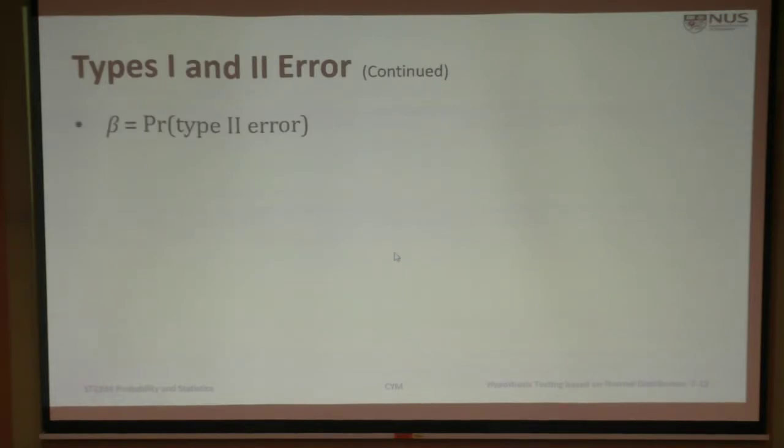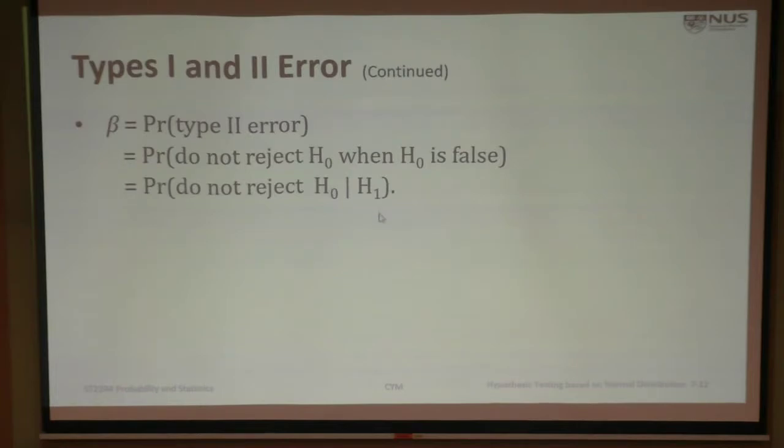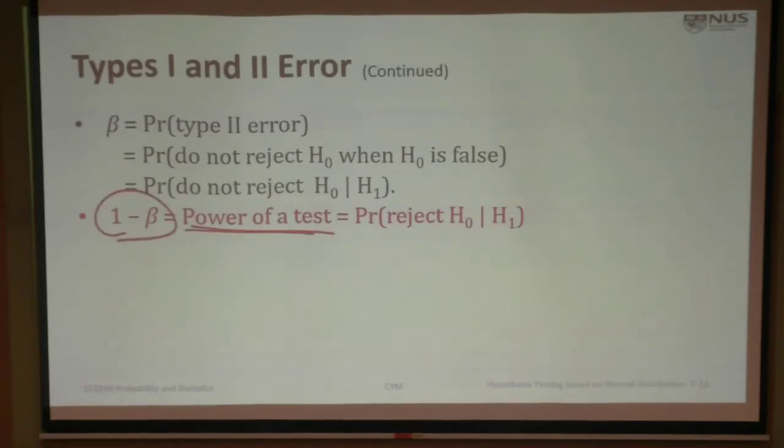All right. The chance of committing a type 2 error, we call it beta. That is, you do not reject H0 when H0 is false. That means H1 is true. All right, and that's beta. So 1 minus beta is called the power of the test that leads to your decision. That is, rejecting H0 when H0 is false.